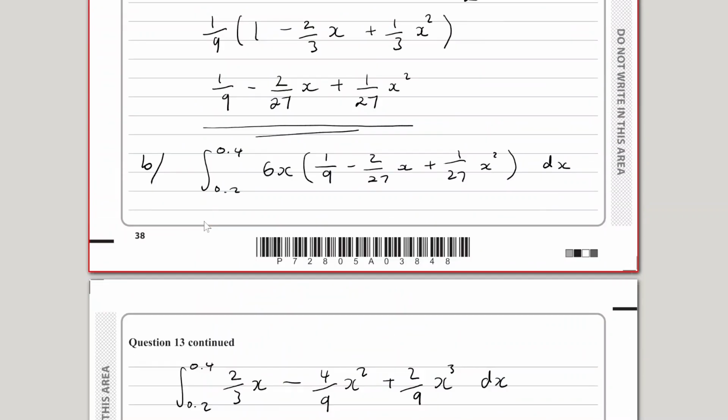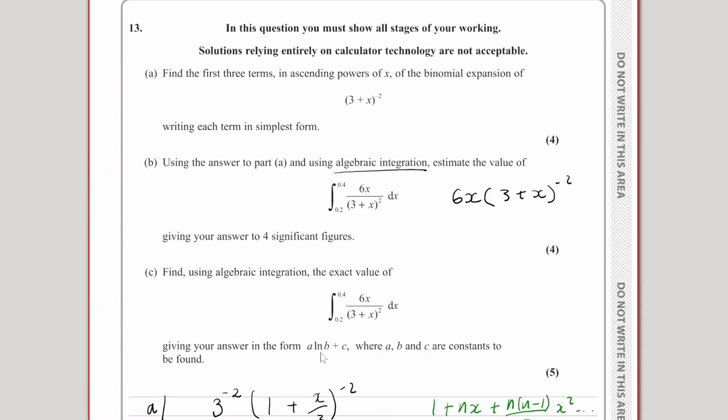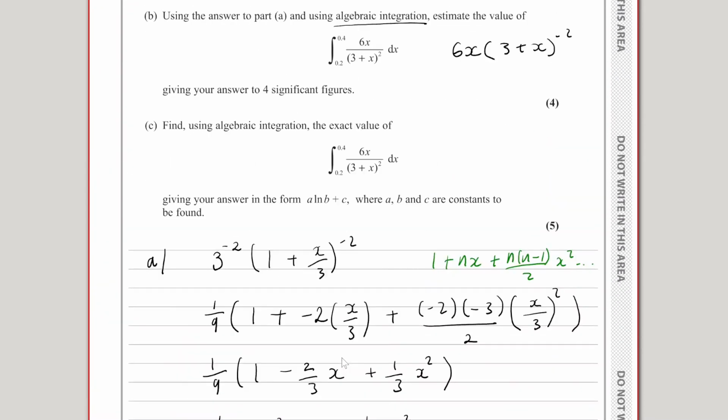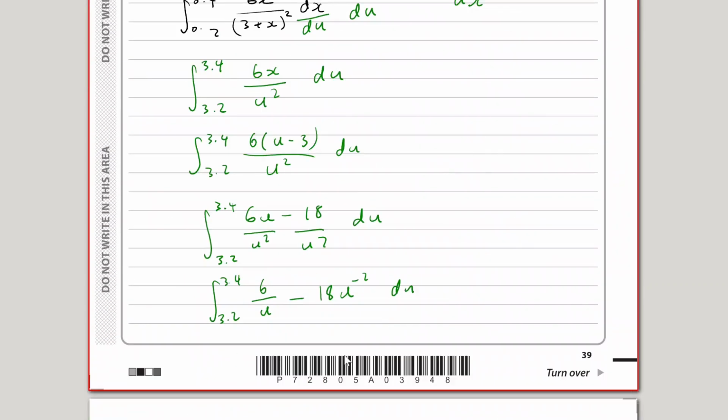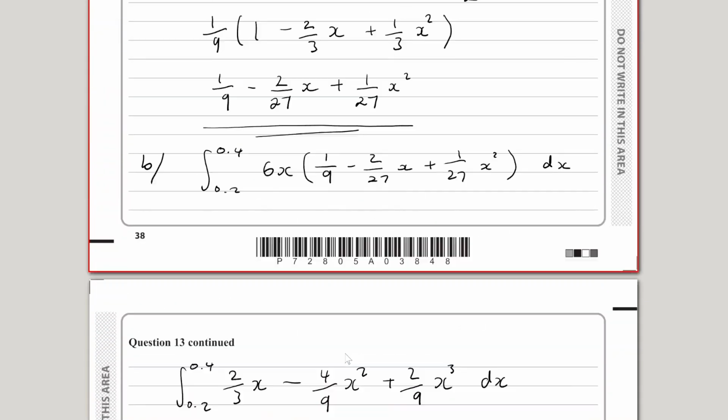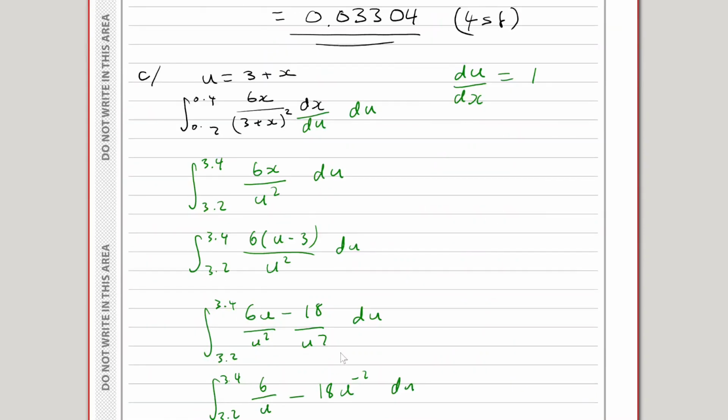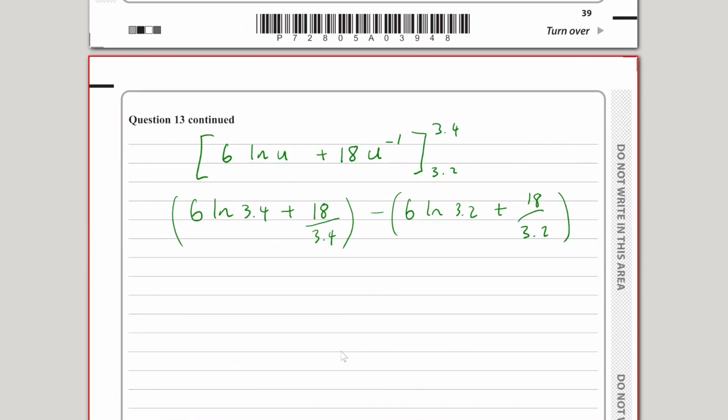We want it in a certain form. A log b plus c, where a, b and c are constants. So we have 6 log 3.4 minus 6 log 3.2 plus 18 over 3.4 minus 18 over 3.2.